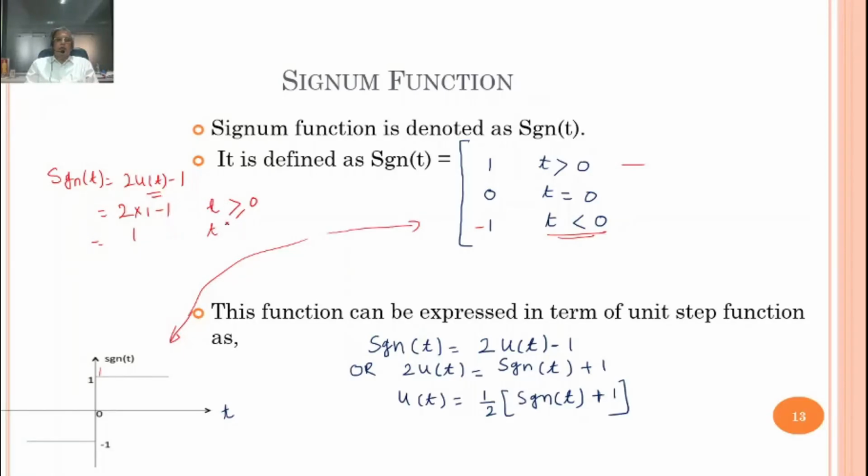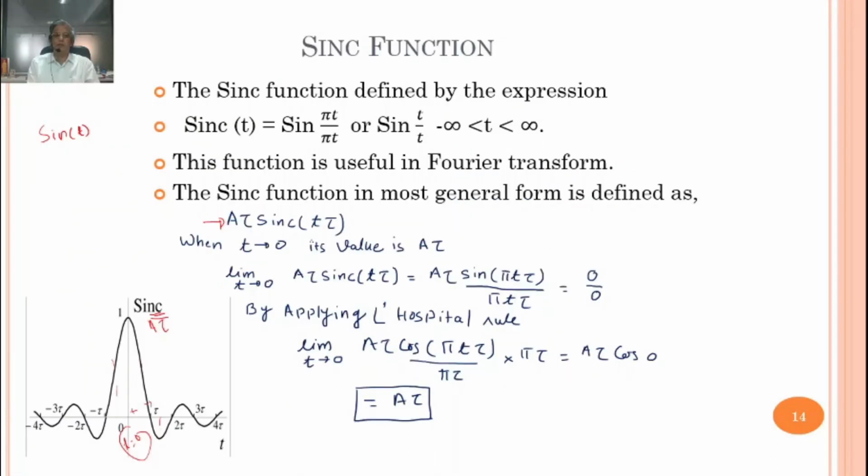And for negative values of t, u(t) is 0, means the signum function equals minus 1. Means we can write the signum function in terms of the unit step function like this, or if we simplify this equation, we can write the unit step function in terms of the signum function.